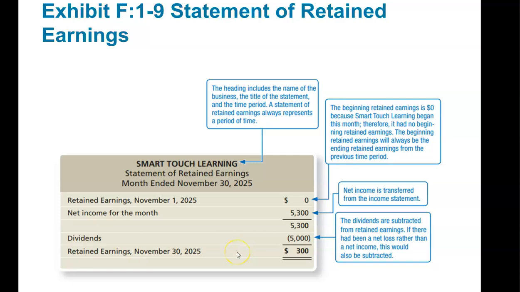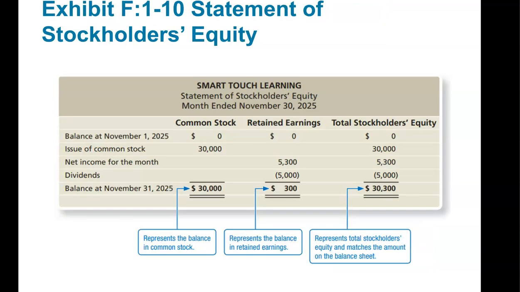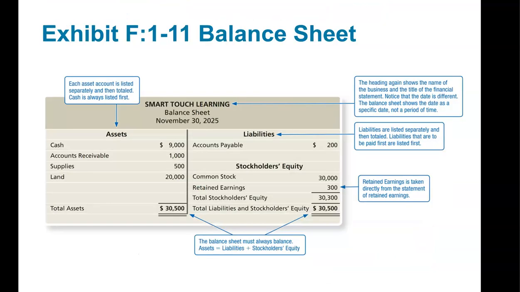As we look at our third report, we take this ending retained earnings number. That's part of stockholders' equity. And look, retained earnings, $300 goes here. So this is our balance sheet. This is our statement of financial position. It tells you our assets individually, all the balances, our liability, and stockholders' equity.